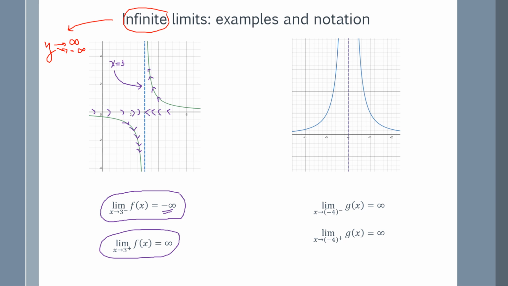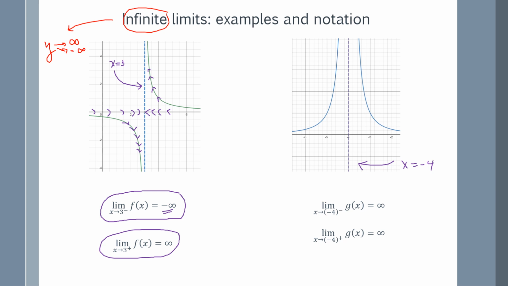Here we also have a rational function. In this case, we have an asymptote at x equal to -4. But for this particular function, the branches behave exactly the same.